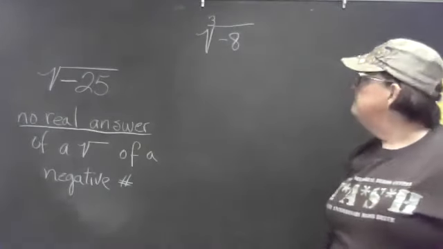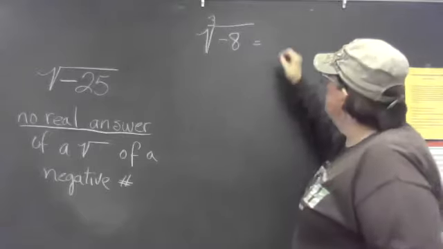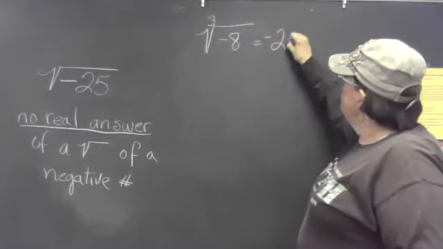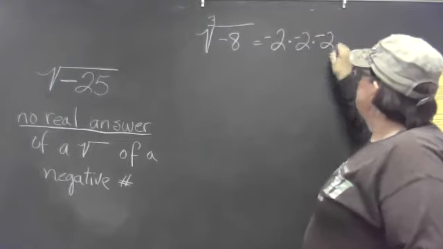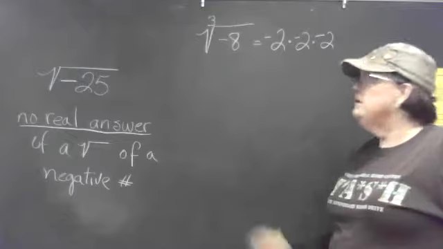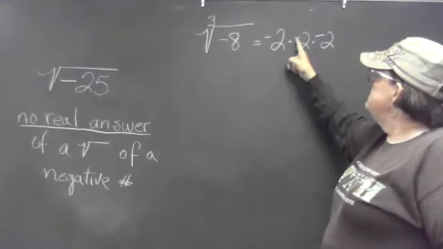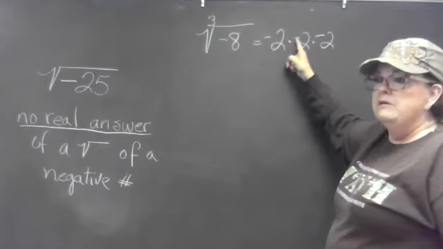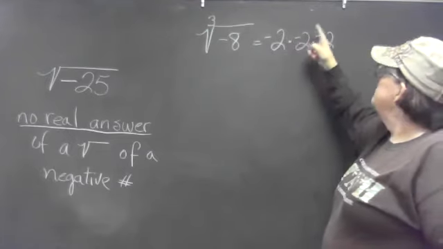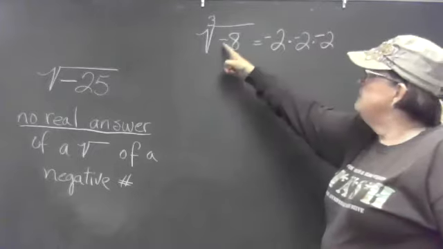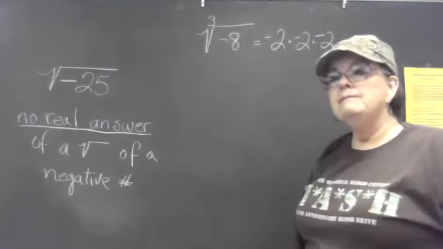So in this case, the answer is negative 2, because you can take negative 2 times negative 2 times negative 2 and get a negative 8. Negative times negative gives us a positive. Times a negative gives us a negative. So if you have a cubed root, the negative is okay.